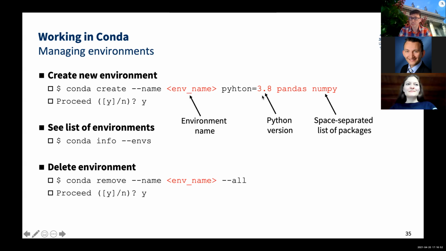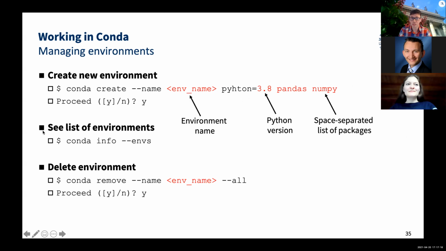After that, you can specify a version of Python. Here I specify python=3.8 because I want 3.8 installed in here. And after that, you can also include the list of packages that you would like to install in this environment. If you don't do that, the environment will be empty, just base Python. And after that, you list the packages that you need to work with.